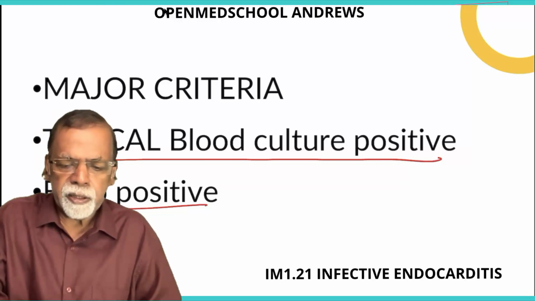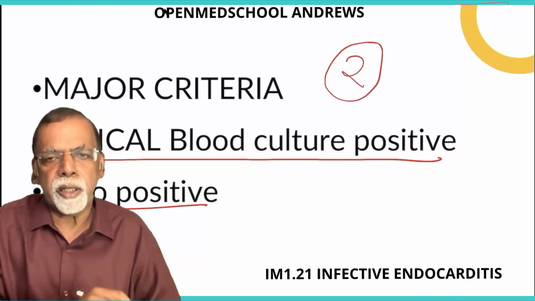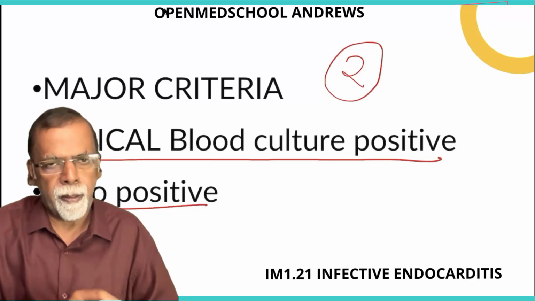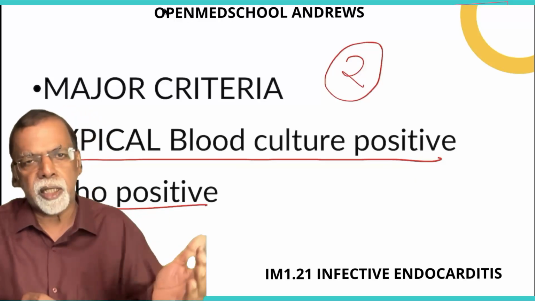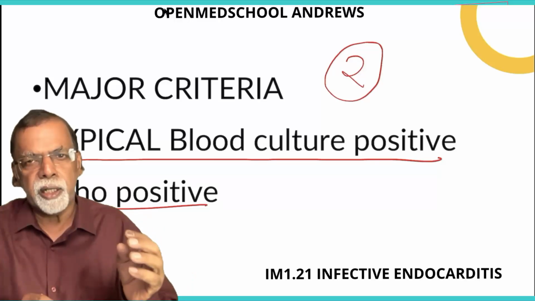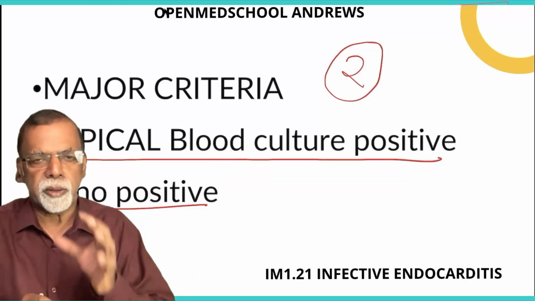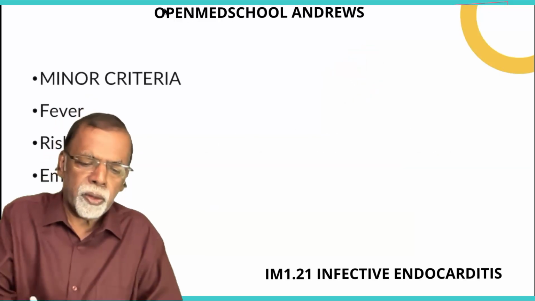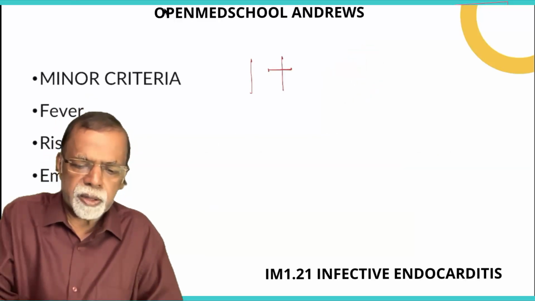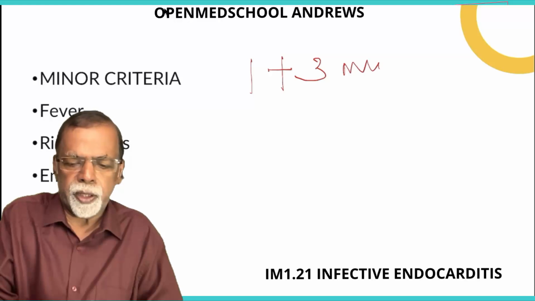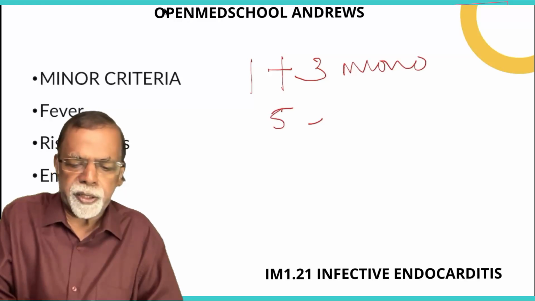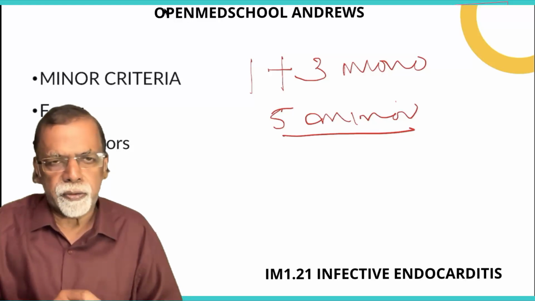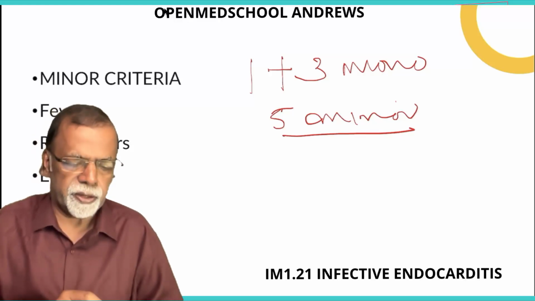Presence of two major criteria is sufficient to make a clinical diagnosis of infective endocarditis. Pathological diagnosis is by examining the valves or the materials and establishing the organism. Here is a clinical diagnosis: two major criteria, or one major plus three minor, or five minor criteria. Just now remember this point only. The details of the Duke's criteria will be discussed in another session.